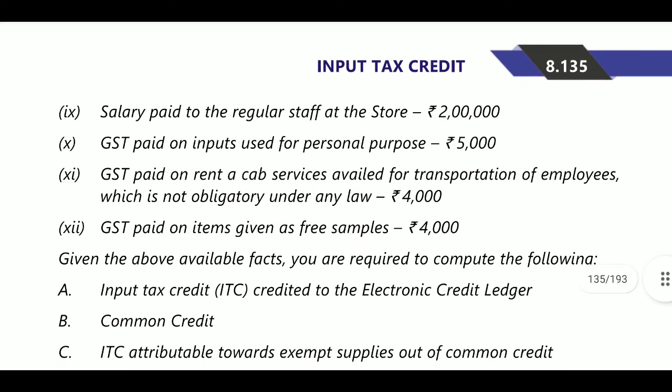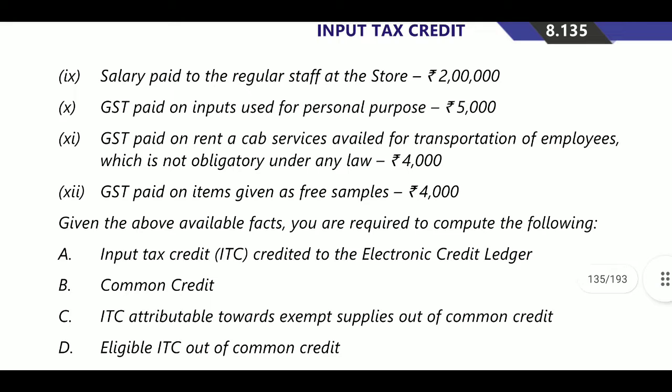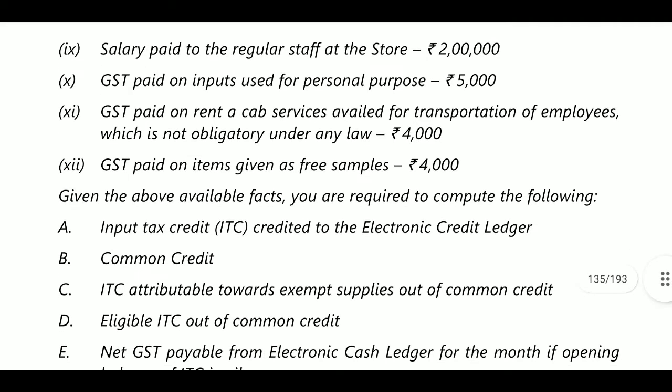Next, GST paid on inputs used for personal use, 5,000, will be liable. Next, GST paid on rent-a-cab service availed for business purpose, 4,000. Tax is involved there also. Next, GST paid on items given as free samples, 4,000.